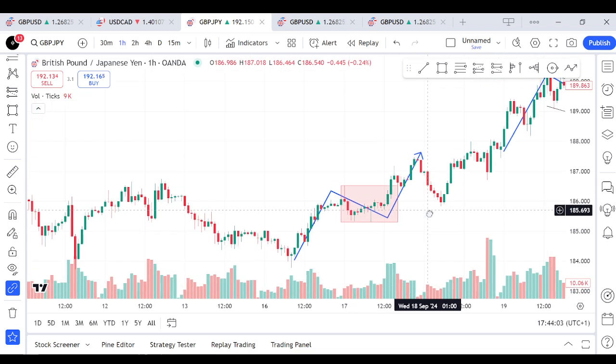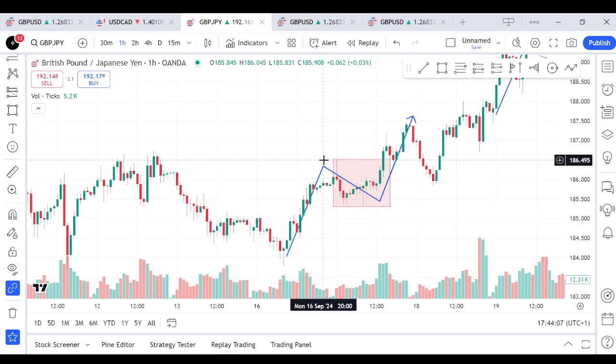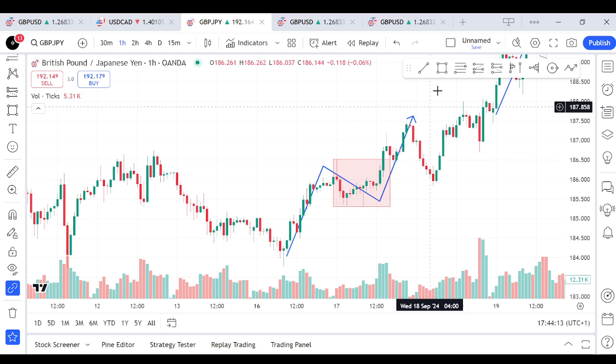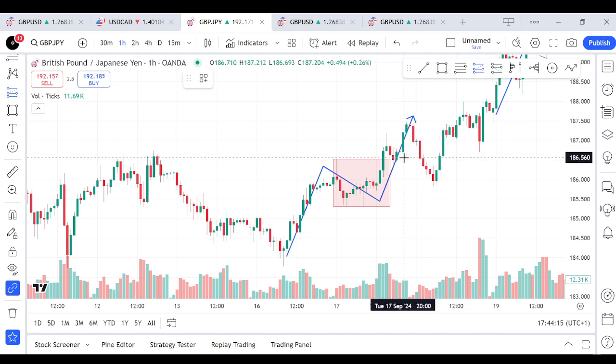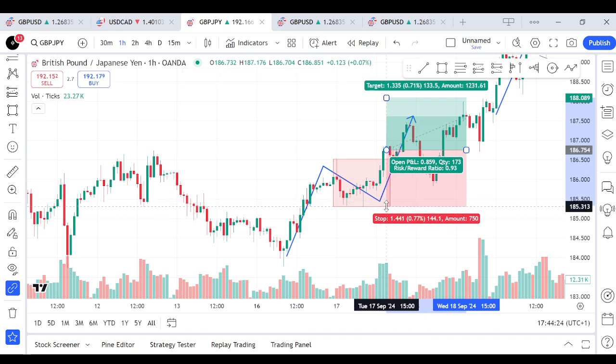So you can see this. After this rally, the base and the rally, you see the breakout right here, and we're breaking out of this rectangle. Price closed higher. So the entry point here should be above that breakout, and your stop loss could be below the low of the base formation.